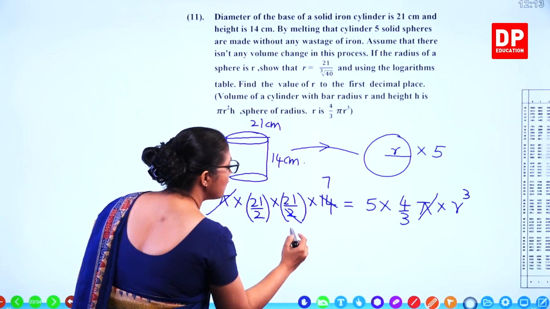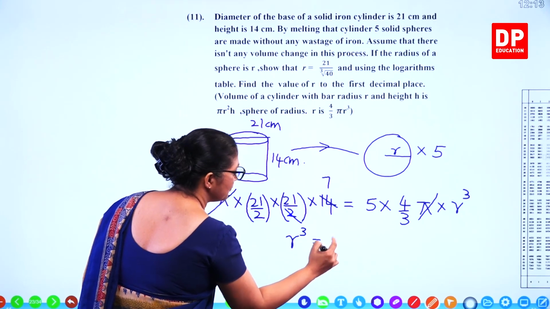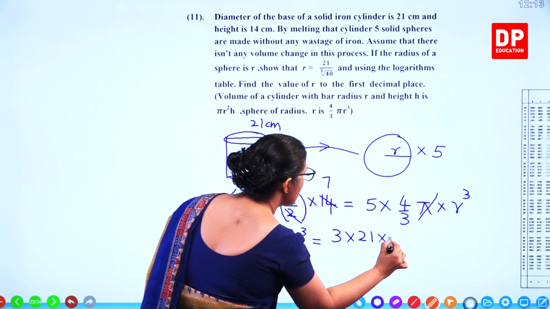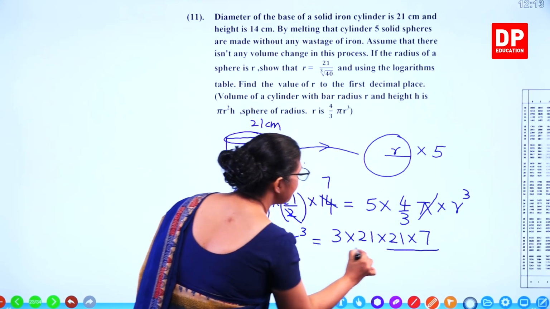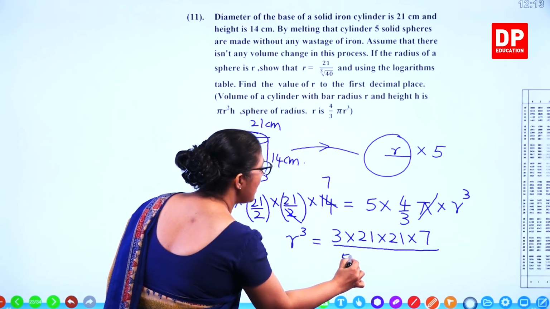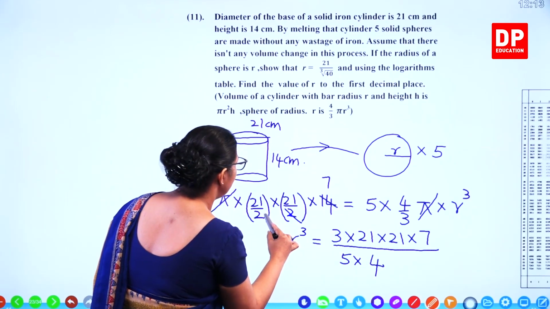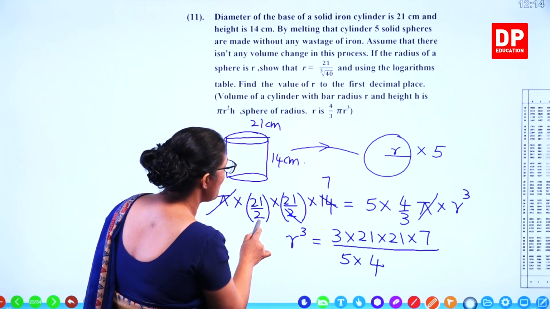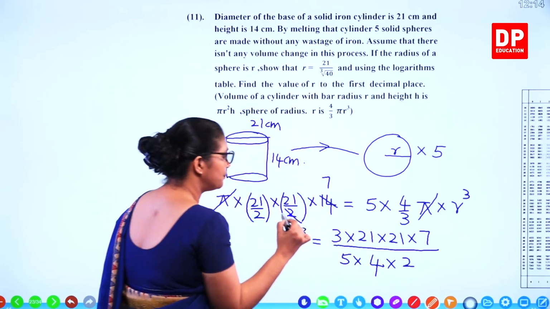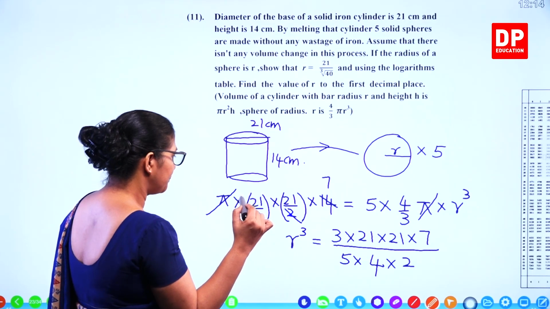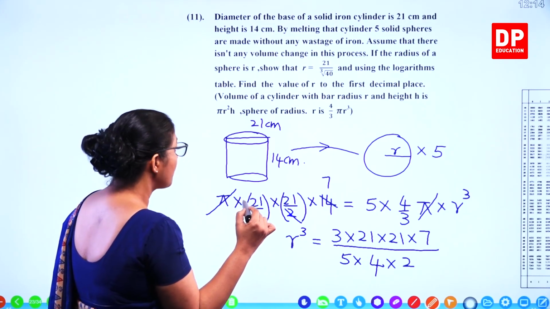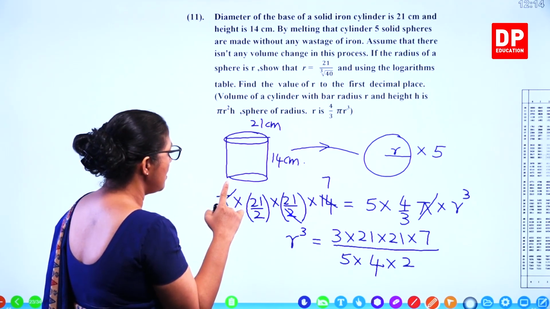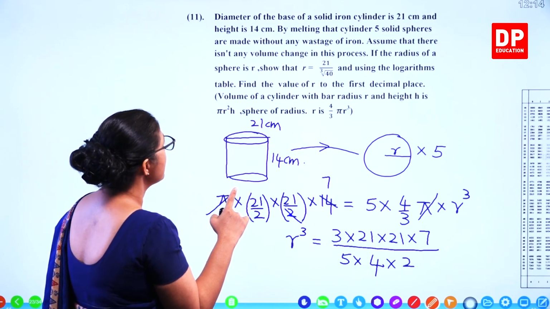And we can find out r cube. R cube is 3 times 21, 21 and 7 there. Below you get 5, 4. And here you get this 2 as well. Now try to simplify. So look at the answer. 21 should be in the numerator.